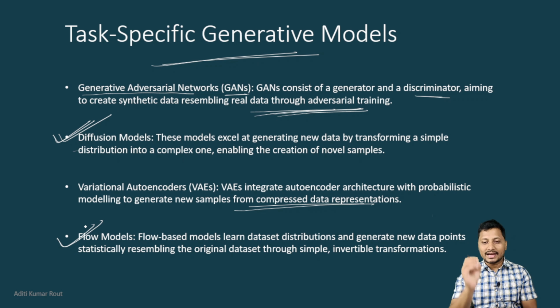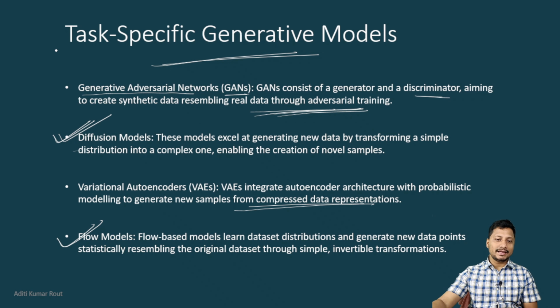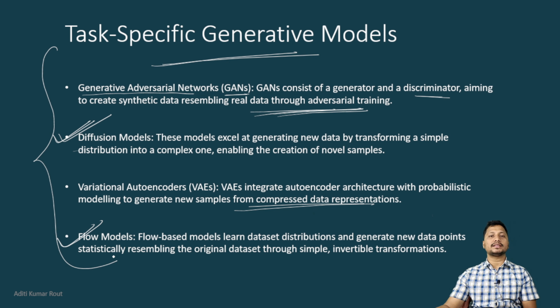It mainly uses statistical techniques. Certain criteria, certain techniques it uses, that's why it is categorized into a different category. So these are specific to a particular task, generating a particular kind of content.